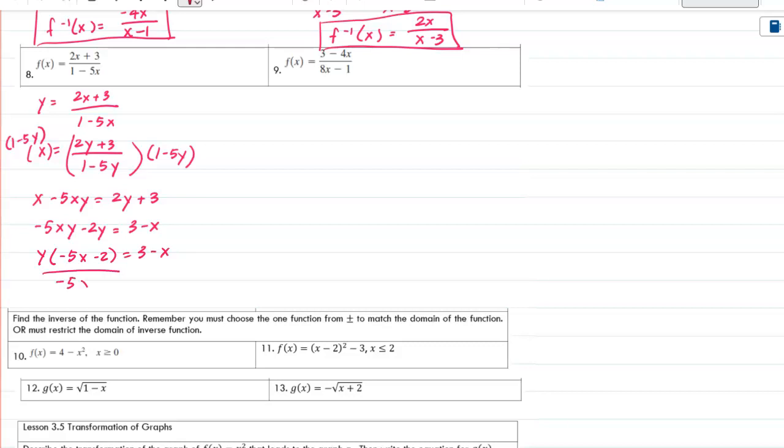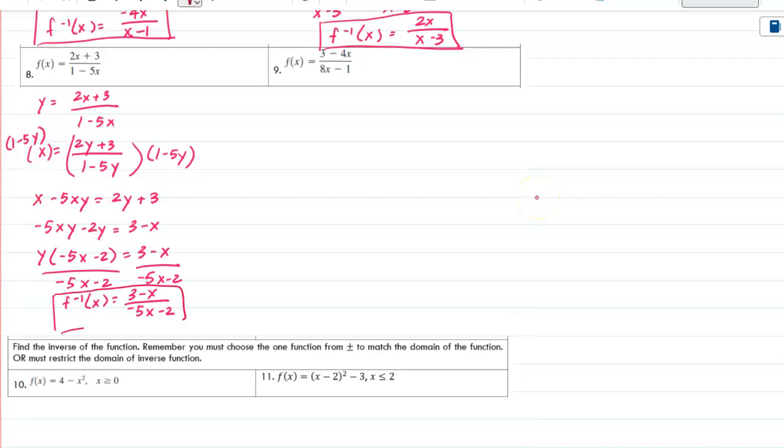Divide both sides by the binomial that you factored out. So f inverse of x equals 3 minus x over negative 5x minus 2. Or x minus 3 over 5x plus 2. You can have different variations. You can take a negative out on both the denominator and the numerator. It's the same answer.